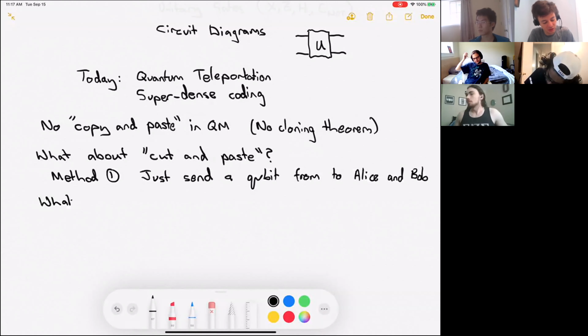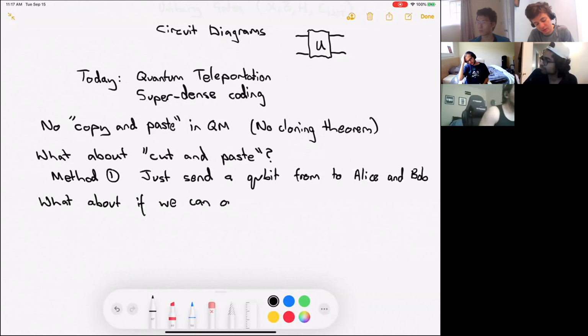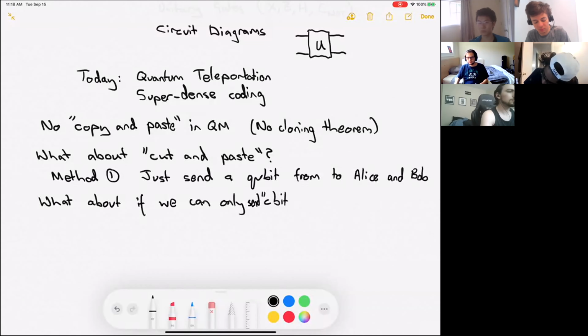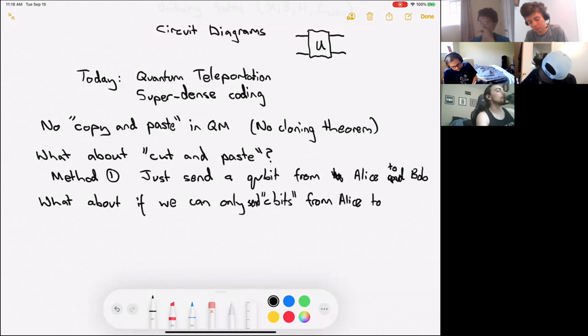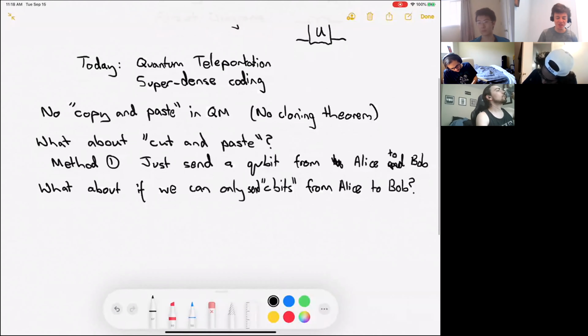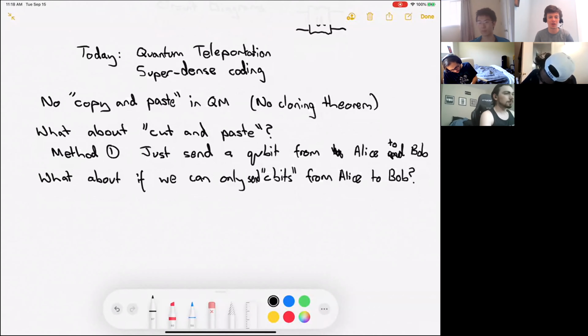So a natural second question is, what if we can only send classical bits, sometimes called C bits, from Alice to Bob? Okay, so this one seems a lot harder, right?